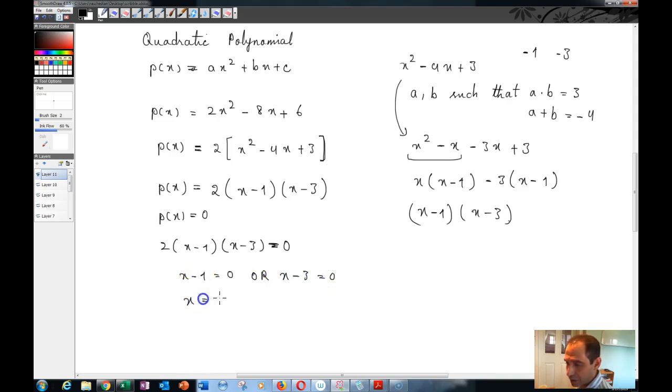And in this case, x is equal to positive 1. In this case, x is equal to positive 3. So these are basically the zeros of this polynomial.